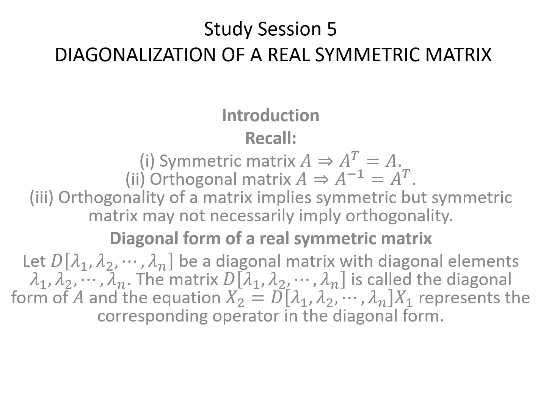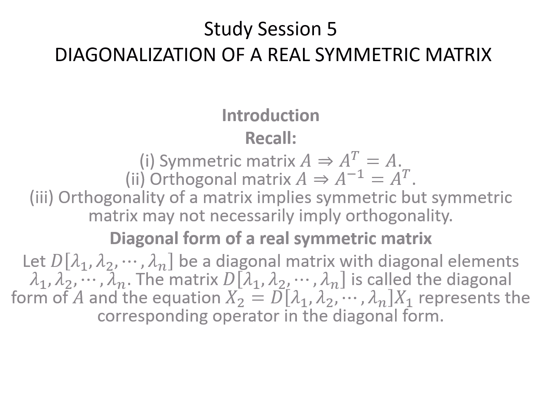Then we look at a diagonal form of a real symmetric matrix. Let D of lambda 1, lambda 2 up to lambda n be a diagonal matrix with diagonal elements lambda 1, lambda 2 up to lambda n.